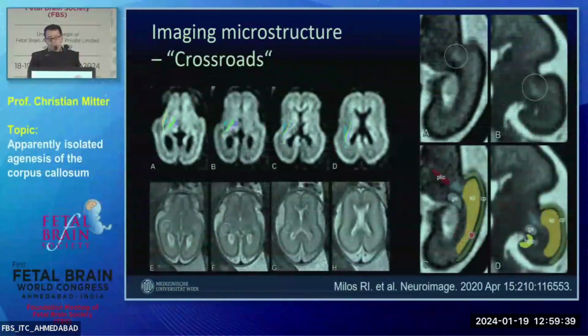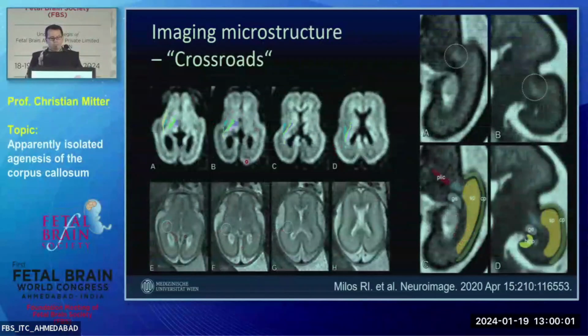Another area which you should pay close attention to are the crossroads regions of the brain. It's those regions here in the fetal white matter, where the retrolenticular part of the internal capsule exits between the caudate nucleus and the putamen. And it contains crossroads of different fiber types.